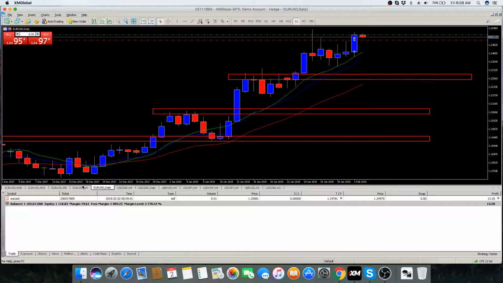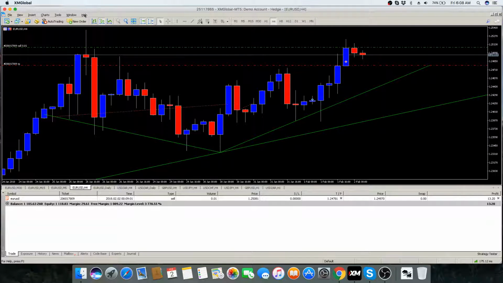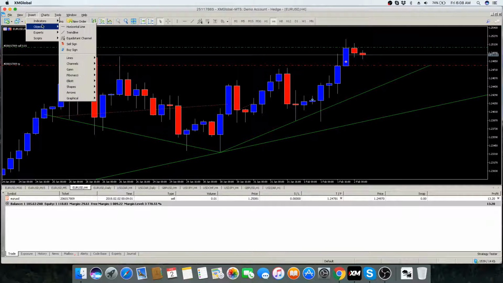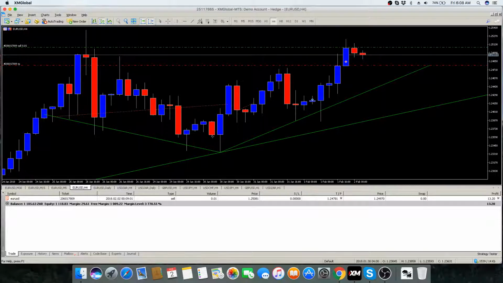Here it is. That day that I notified you in the group, here's the breakout. The breakout happened, and then the market continued and found support, started developing new support over here. Is this the same line? It's not, but it's on the same slope, I would say.